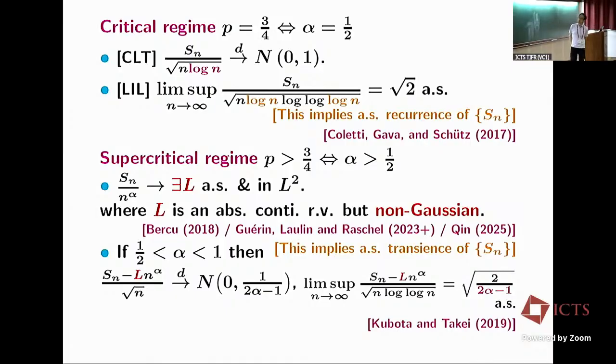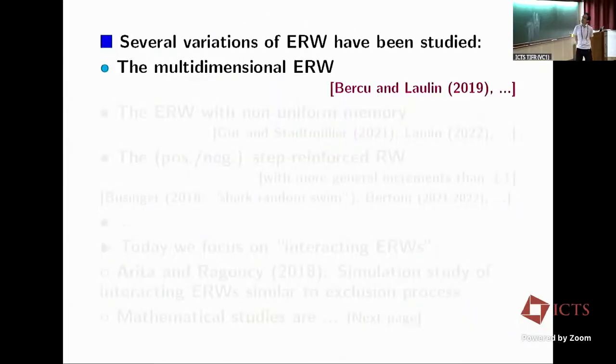Up to now, I reviewed the standard results for the standard elephant random walk. Now, several variations of the elephant random walk have been studied. The first one is the multi-dimensional case, and the second one is the elephant random walk with non-uniform memory.